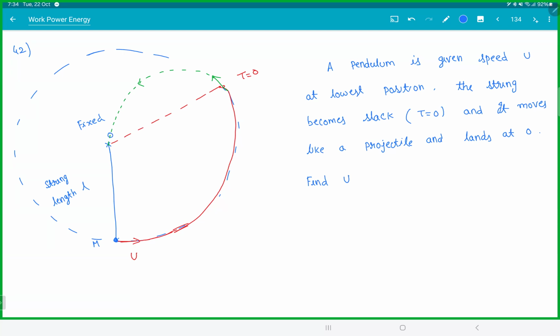Vertical circle motion plus projectile motion. Try. Just give it a try. I'll get some water and come.